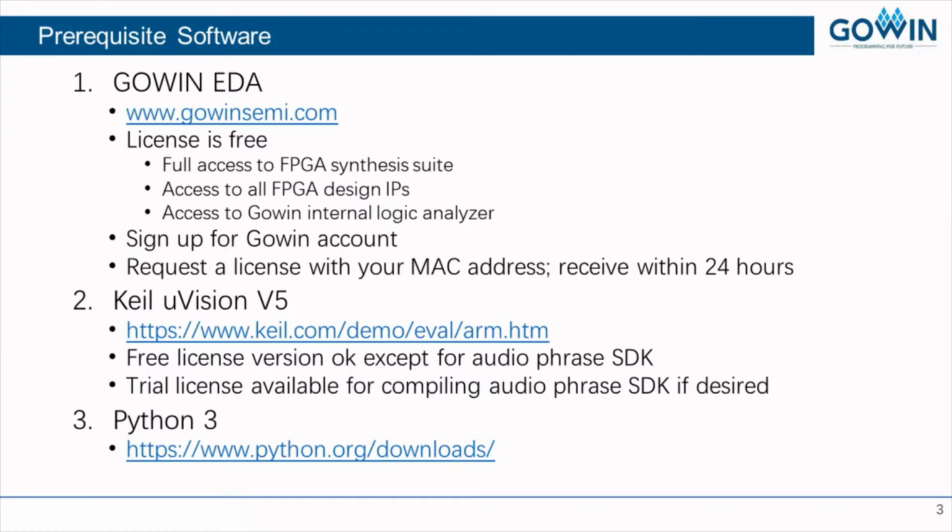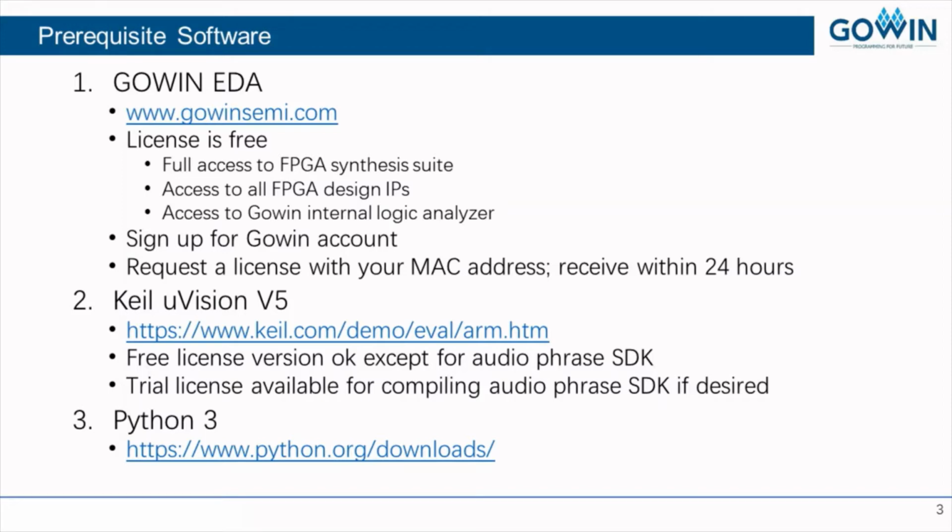The license is free, but there's about a 24-hour turnaround time on that license, unfortunately. That's going to block you from being able to go through the entire flow, but if you install it now, you can download and install it in parallel while we go through the rest of the course.